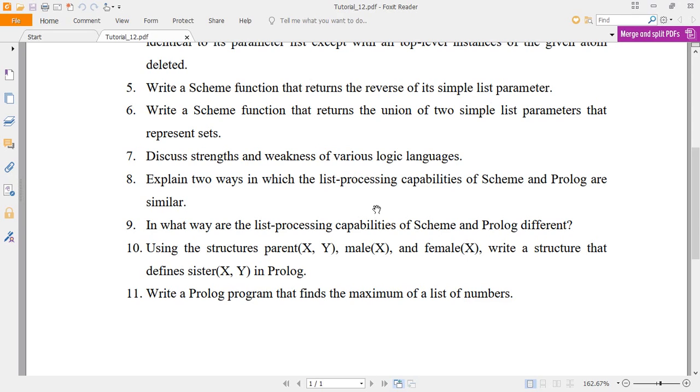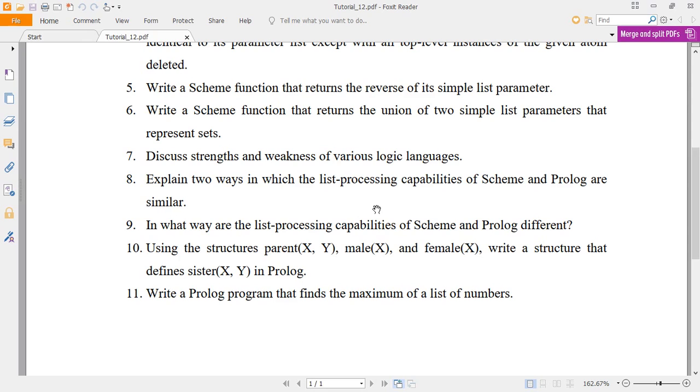For list processing in Scheme, we have seen three important functions: CONS for the concatenation of an atom with the list, CAR to get the first element from the list, and CDR to get the tail of the list.